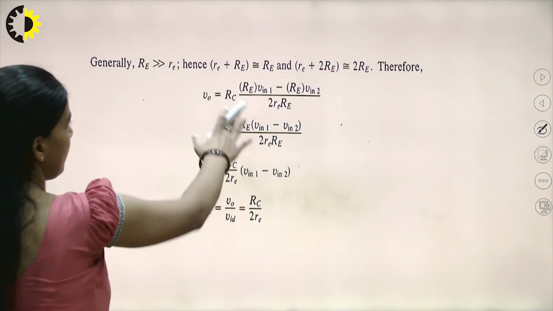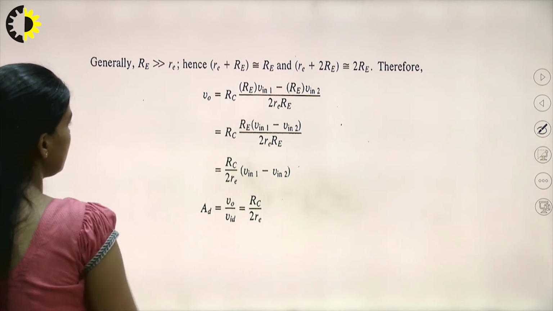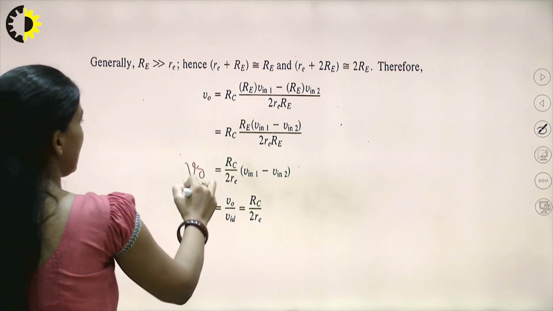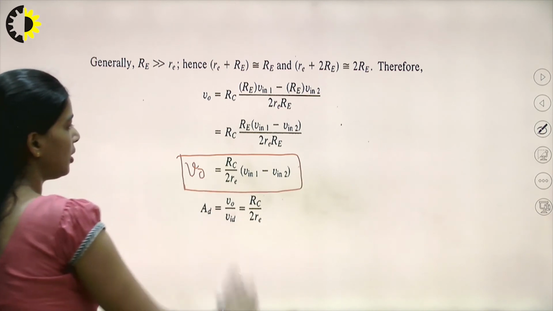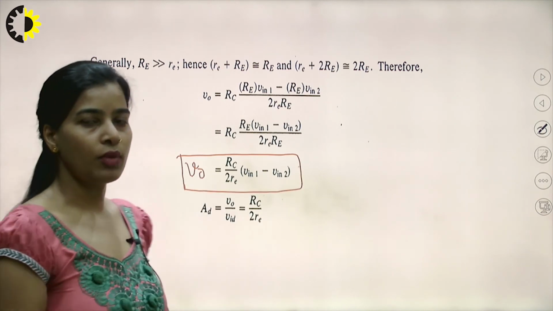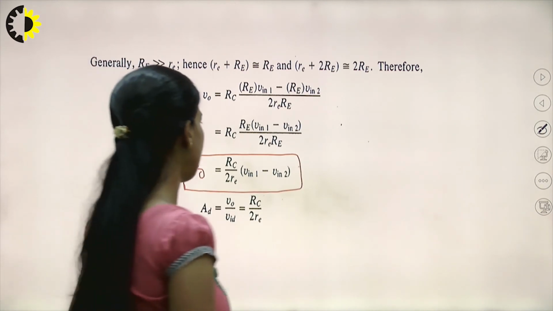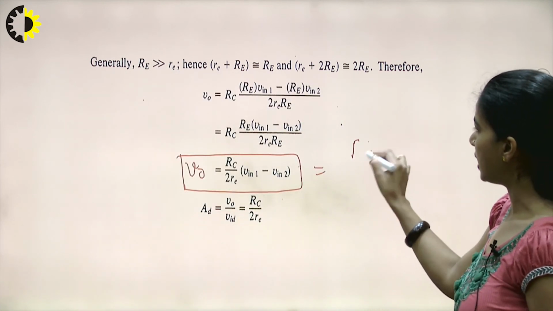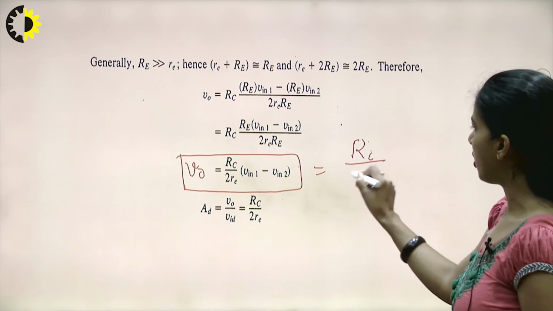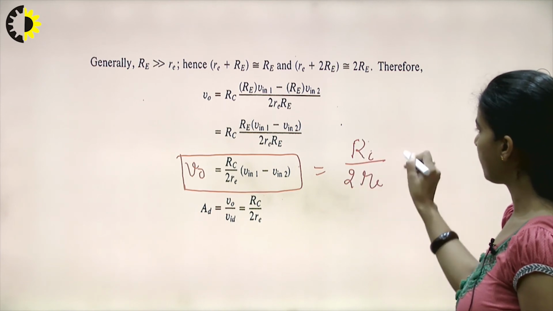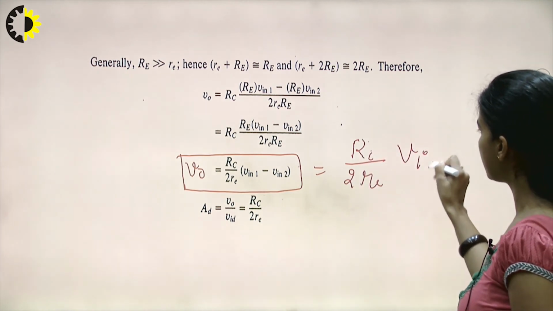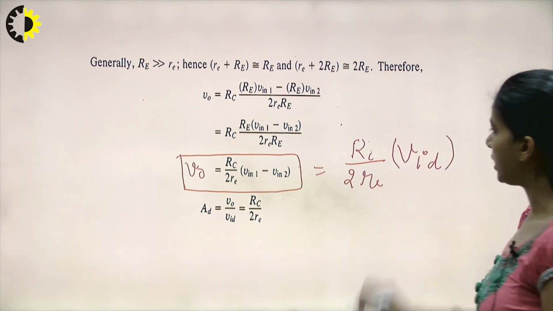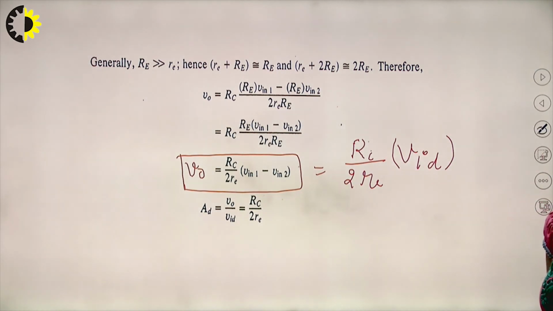When we put in that simplification, we get the output as RC upon 2RE times (Vin1 minus Vin2), or we can write it as RC upon 2RE times VID, that is the difference of voltage at the input side.